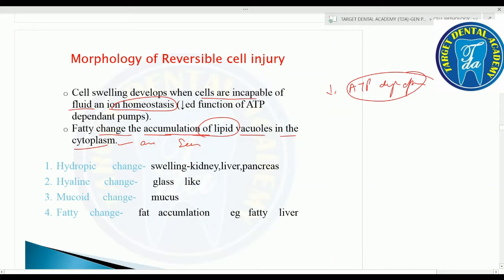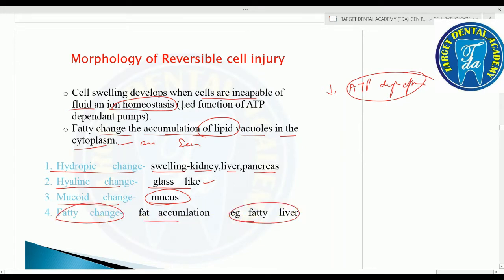So in this there are 4 types of changes. The hydropic changes, in which there is a swelling in the kidney, liver and the pancreas. The hyaline changes, it is glass-like. The mucoid changes, it is mucus. And in the fatty changes, it is fat accumulation, example in the fatty liver.